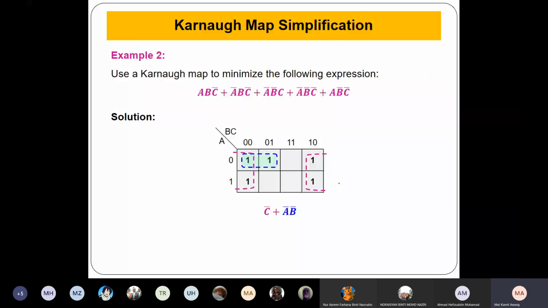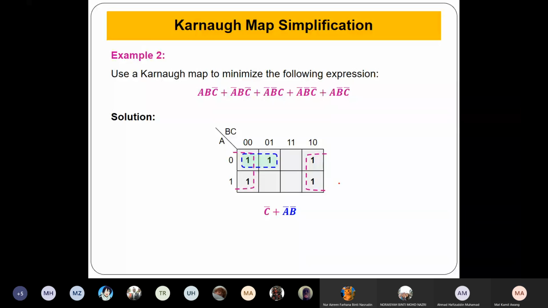Example. Use a Karnaugh map to minimize the following expression: A B C bar plus A bar B C bar plus A bar B bar C plus A bar B bar C bar plus A B bar C bar.